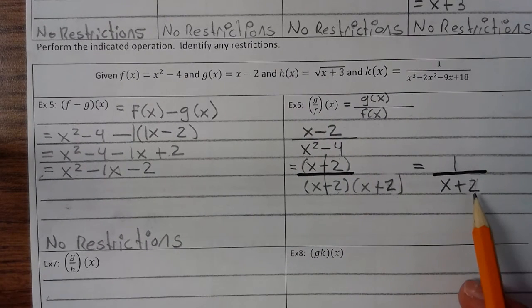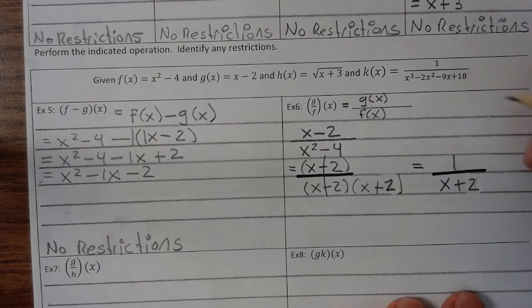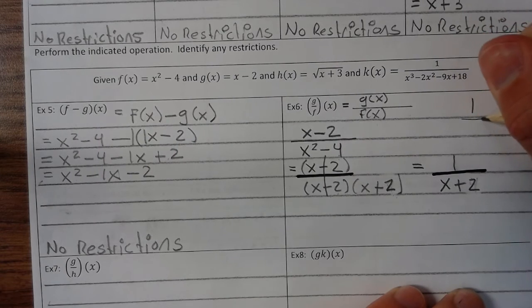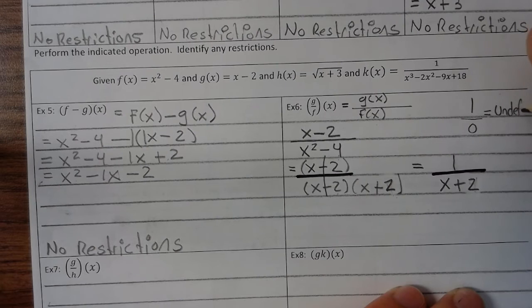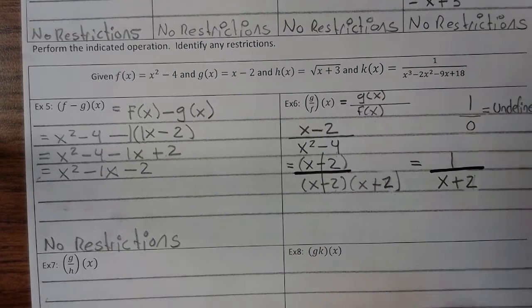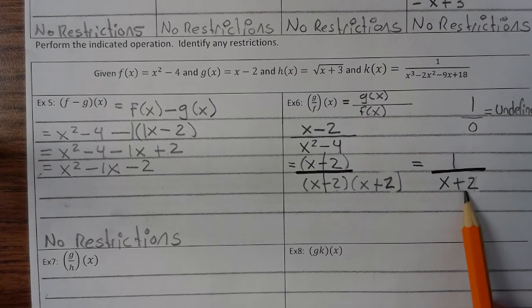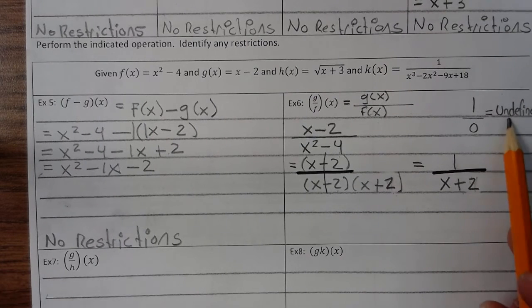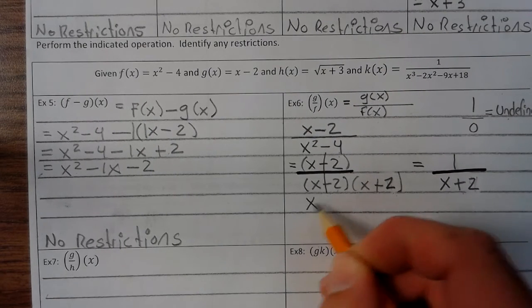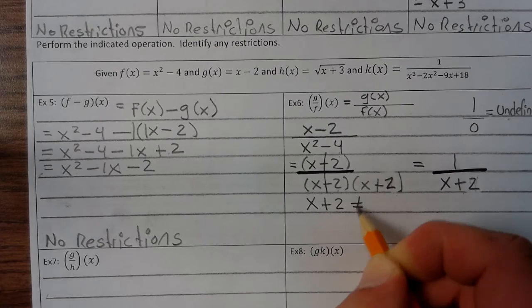So now, to find a restriction, what basically you cannot have is 1 divided by 0, because we know that's undefined. Okay? So we need to find out what number makes this 0, makes it undefined, would be a restriction. So we said x plus 2 not equal to 0.